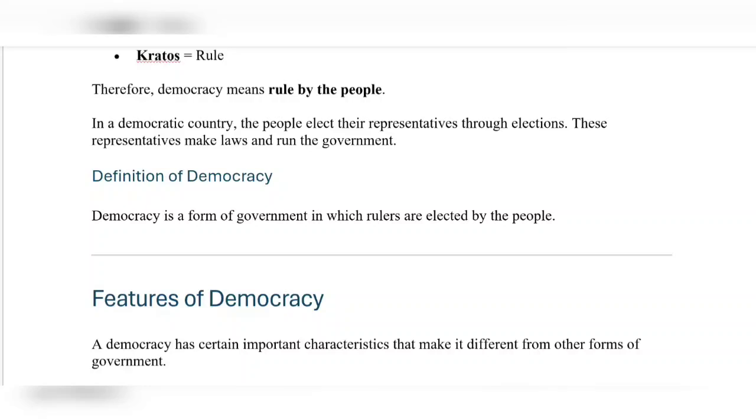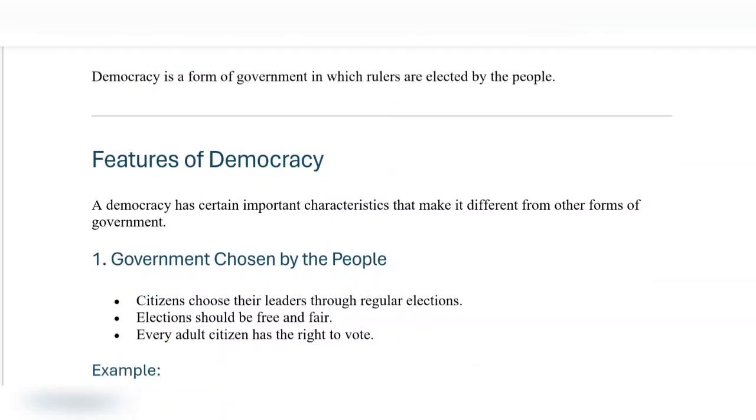Also, by the people means the people who are electing those contestants will also be of the same country. And for whom they are doing all this: they are making this government for the welfare of the people of the same country. So this is how we can understand democracy in a very easy manner.